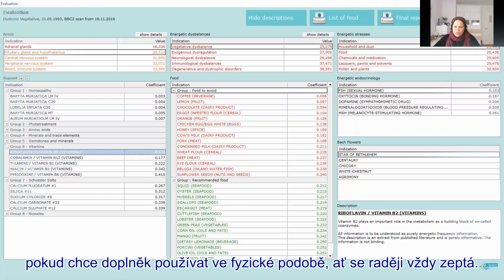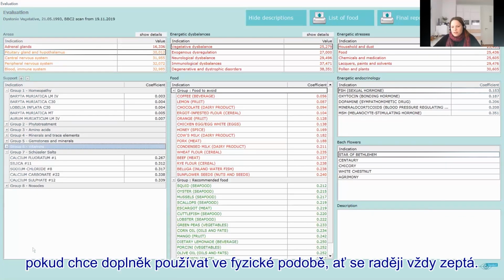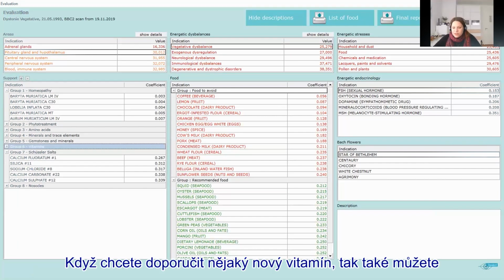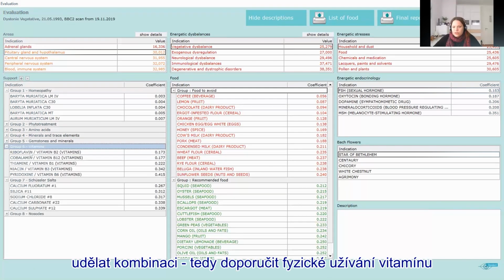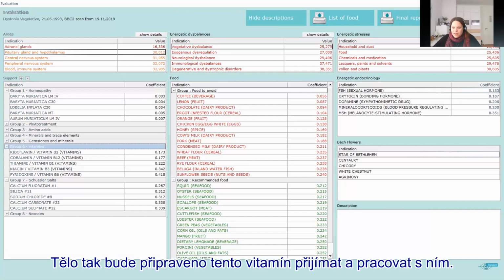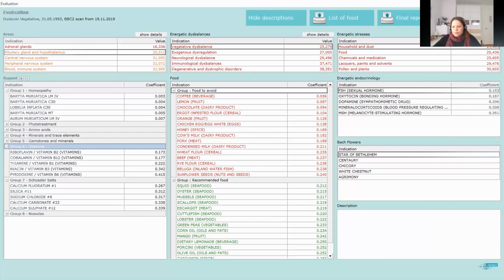When you want to use it as a supplement, please ask first so that you know what's going on. Or, when you start to recommend a vitamin that is really new, do the combination. You can recommend to take the vitamin and do the frequency transfer at the same time, so that the body is prepared to take this vitamin and work with it. So you won't have the problem that it's in the body without being used.